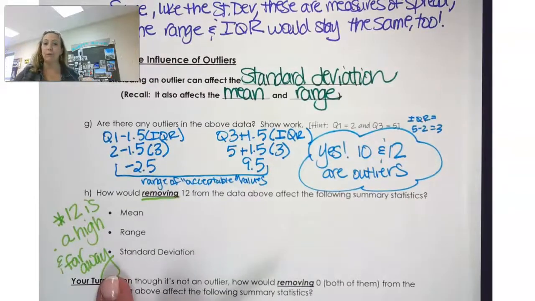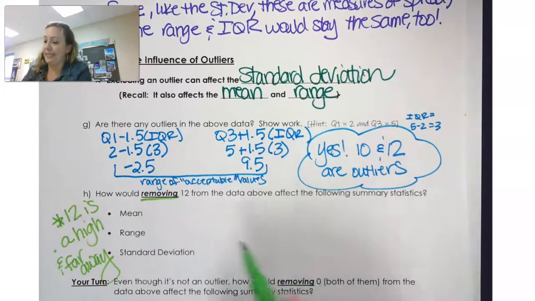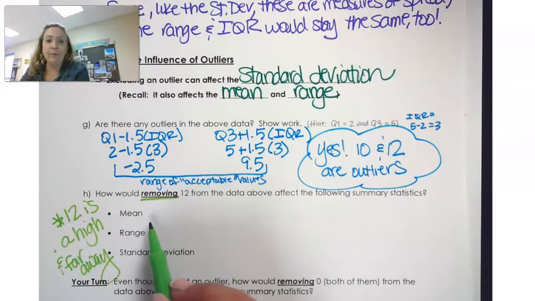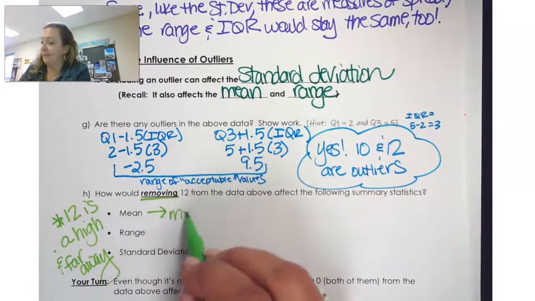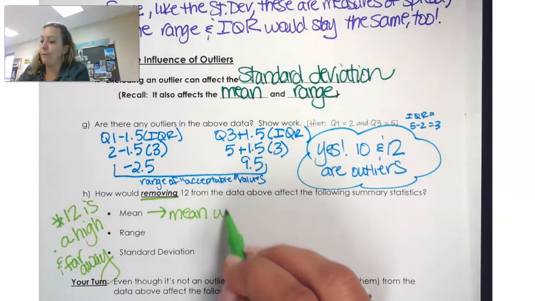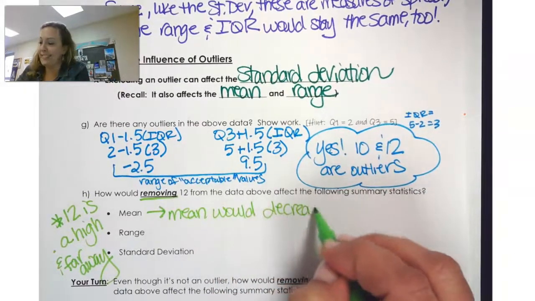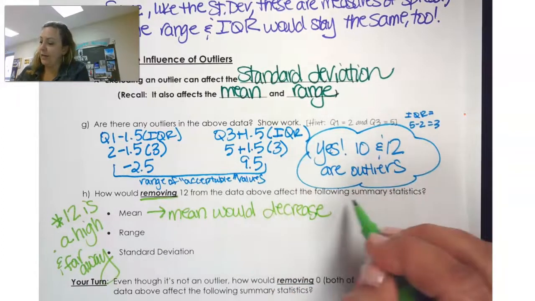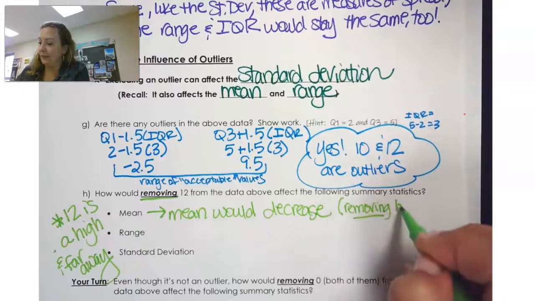So let's say that we took 12 out. Again, what this means is that we are removing a high value. So what would that mean about the mean? Well, if we're removing a high value, the mean would decrease.